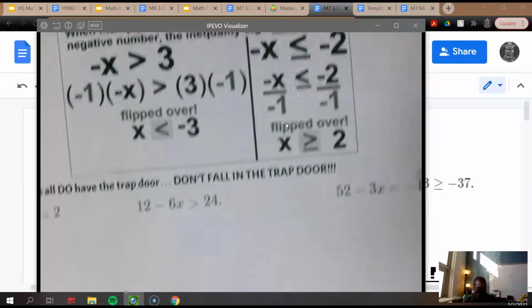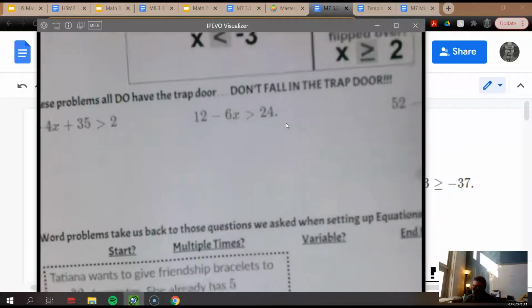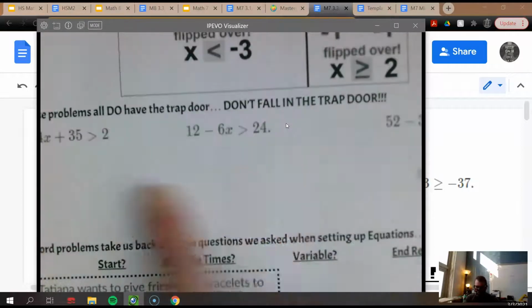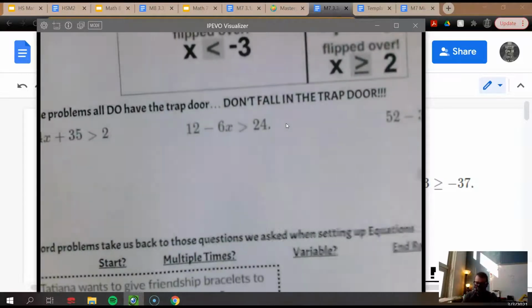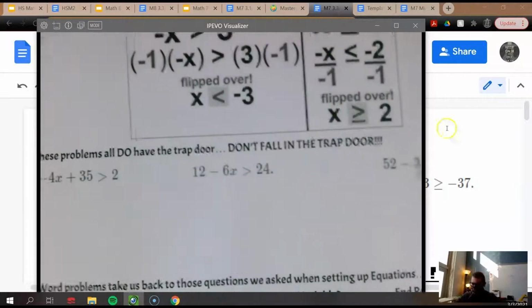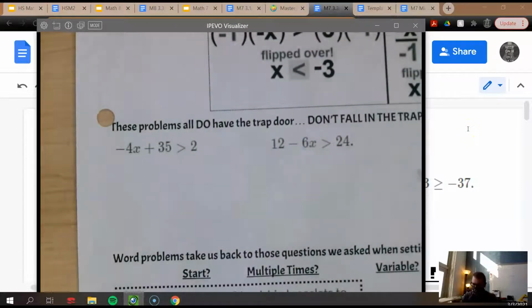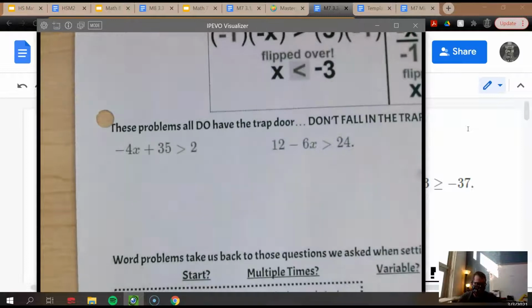So take another couple minutes. We'll probably just run through the whole stack again. Solve these problems, but watch out for that trapdoor. Watch out for that trapdoor. I will do the first one for you up there. So if you end up needing help, look at the board. But if you don't feel like you need help, don't look at the board. Don't let yourself do that. Try it on your own.